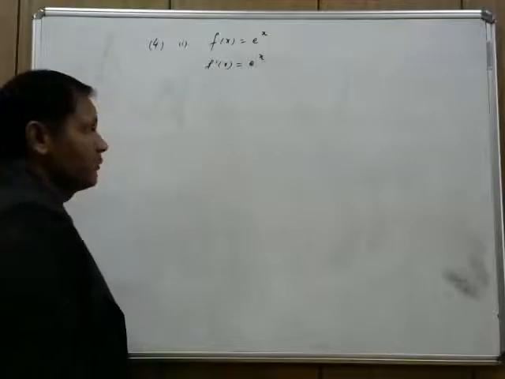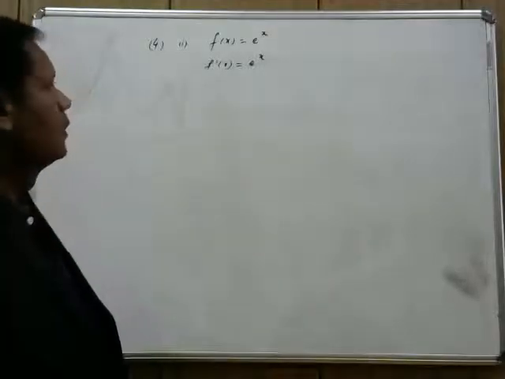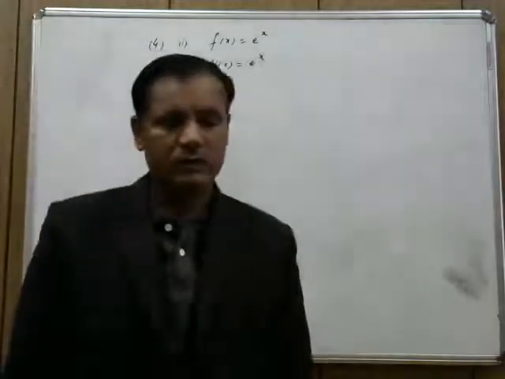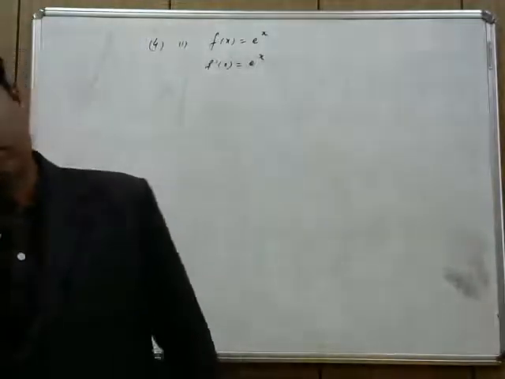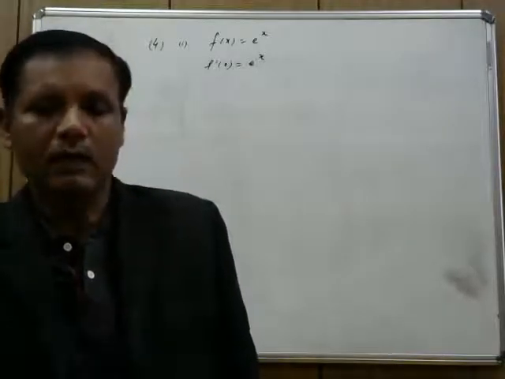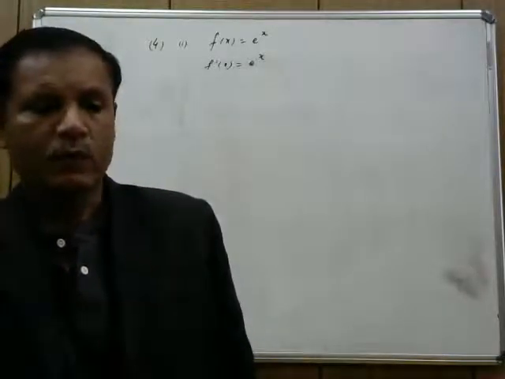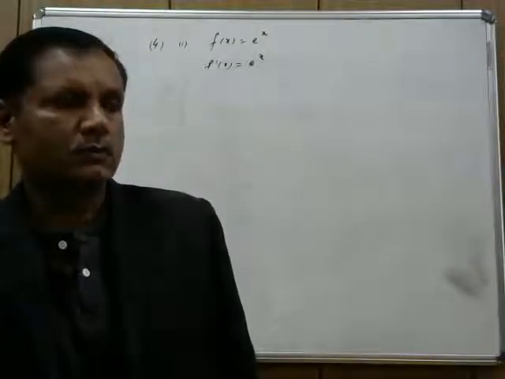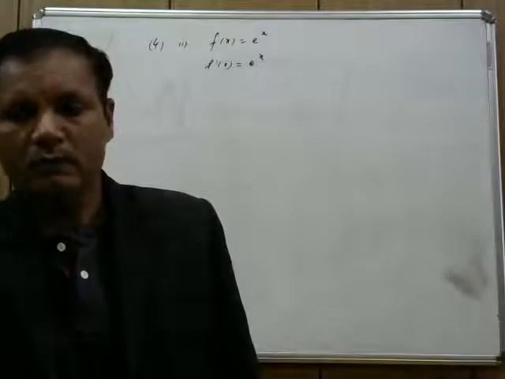When I put f dash of x equal to 0, we don't have any value for which e to the power x is equal to 0. There is no x belonging to the real numbers R for which e to the power x is equal to 0. If I put x equal to 0, then it becomes 1.